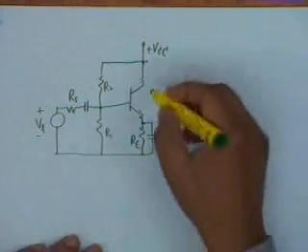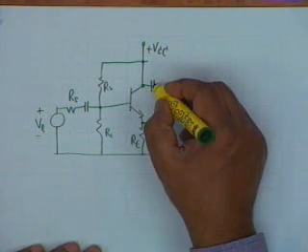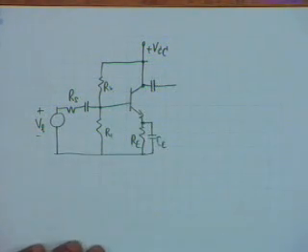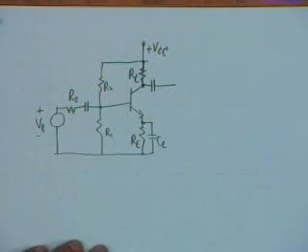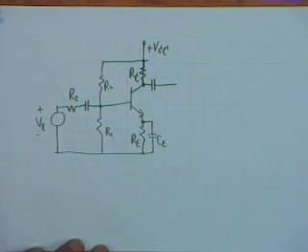This is the first stage, is coupled to the next stage. There is a resistance here, R sub C, the collector resistance of the first stage.